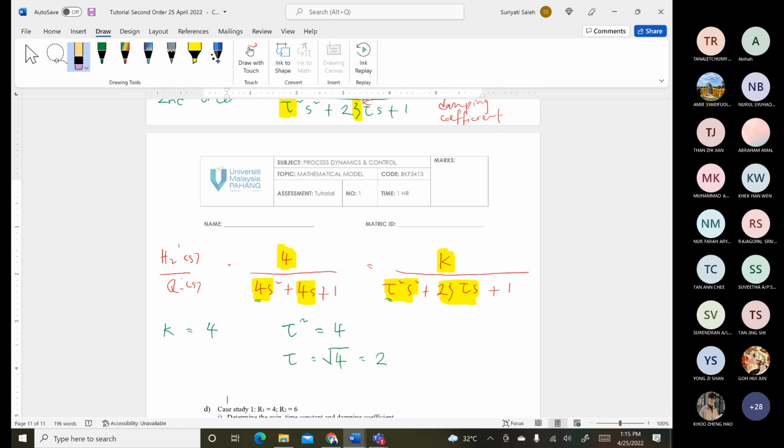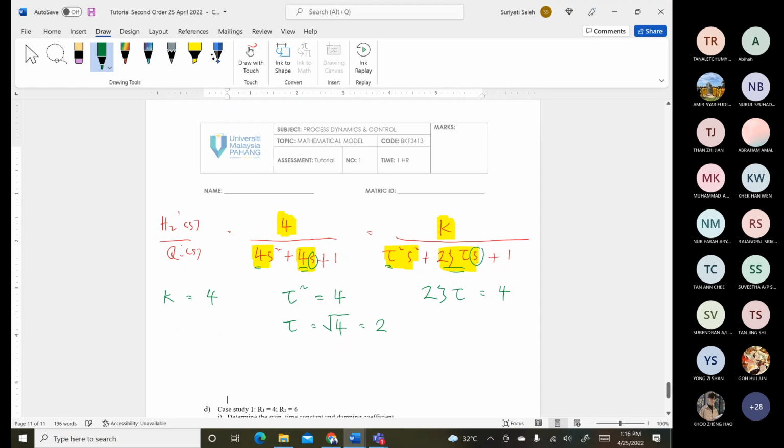And then lastly, we have the second term. This one is as power of 1. This one is also as power of 1. This means 2 psi tau equals 4. We want to find the value of psi, the damping coefficient.